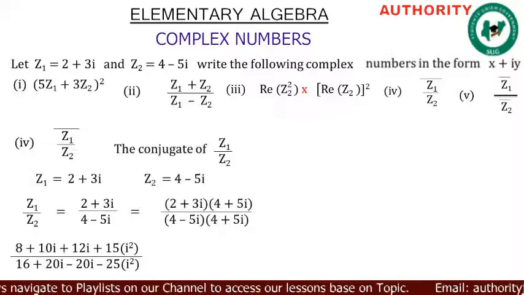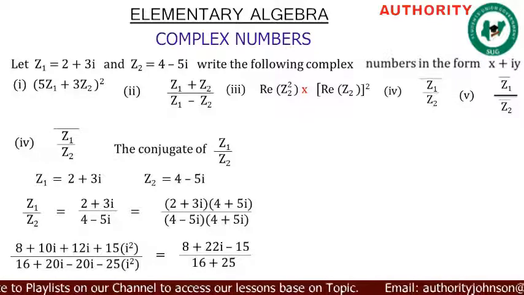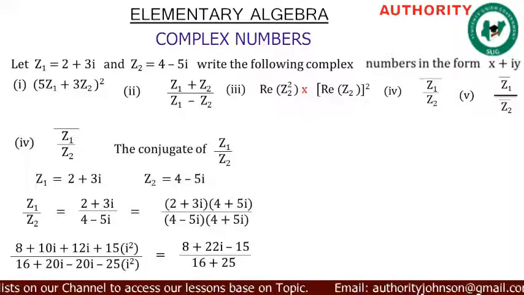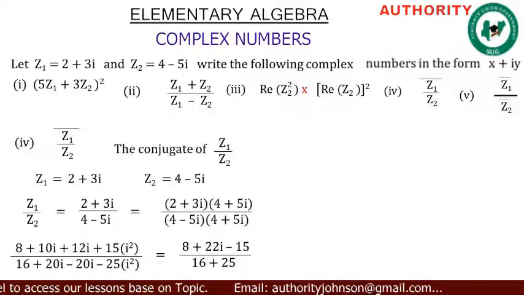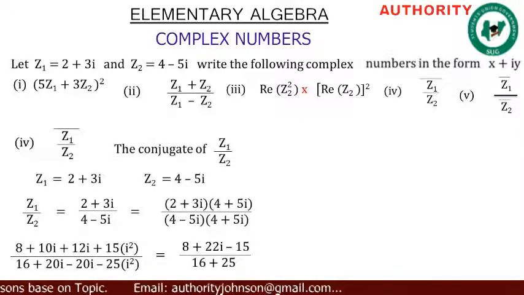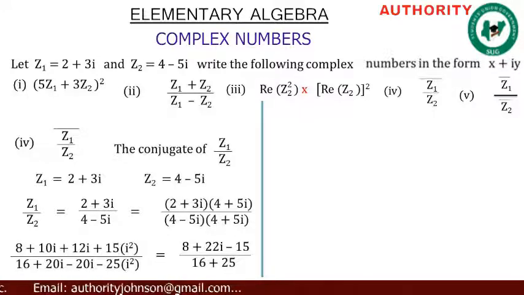I squared is the same as minus 1, so minus 1 times plus 15 is going to give us minus 15. So we have 8 plus 22i minus 15 all over, in our denominator, 20i minus 20i is going to give us 0, and then minus 25i squared.